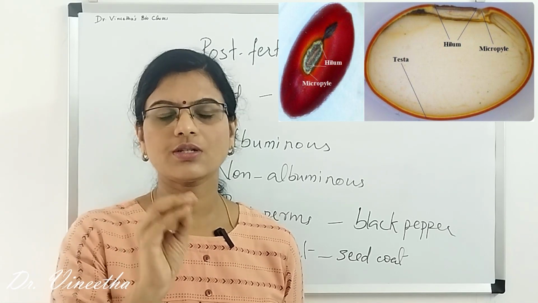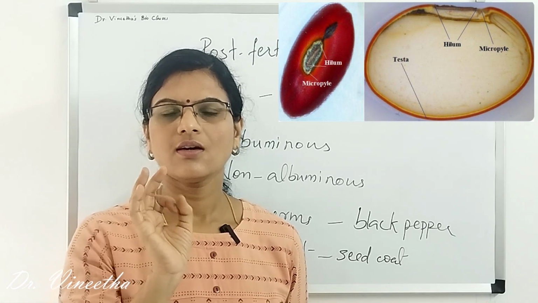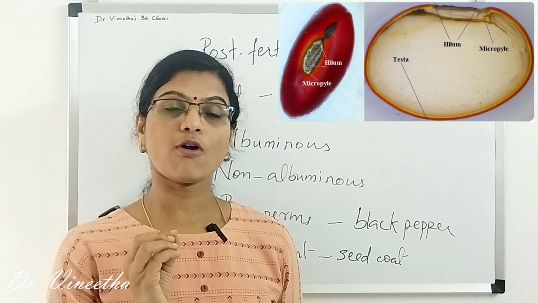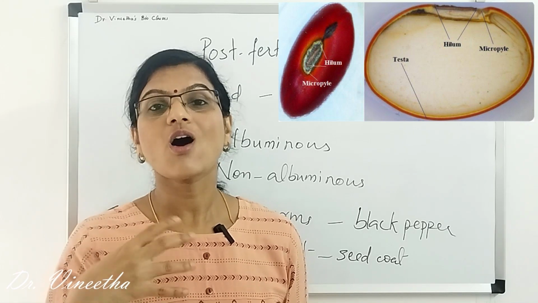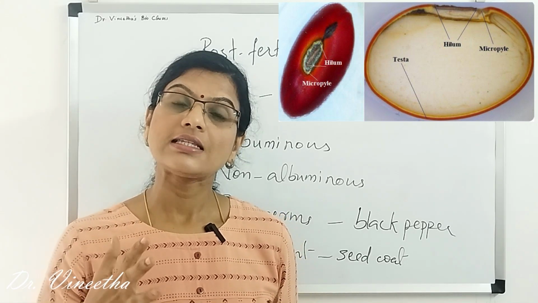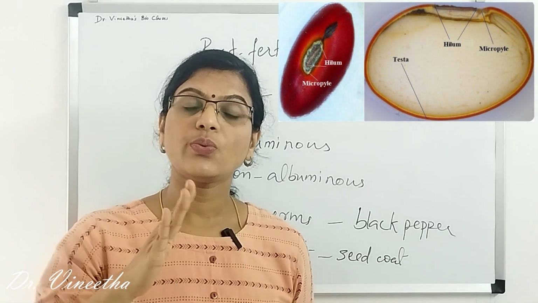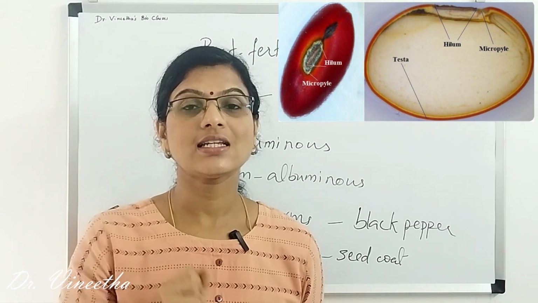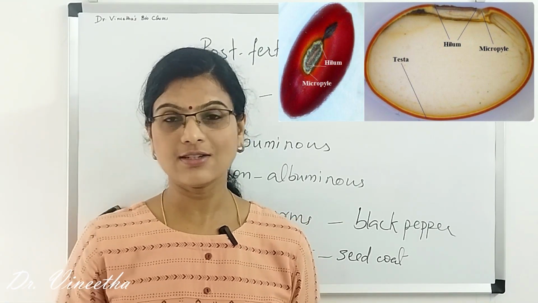This part is very important for the absorption of water as well as oxygen during seed germination. So this micropyle region facilitates the absorption of water as well as oxygen during seed germination.